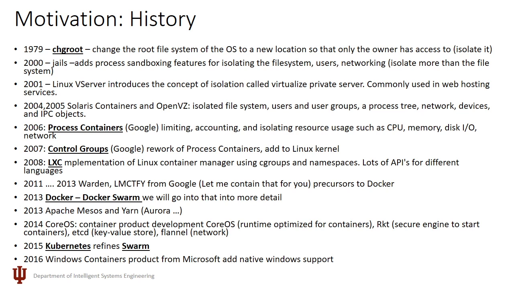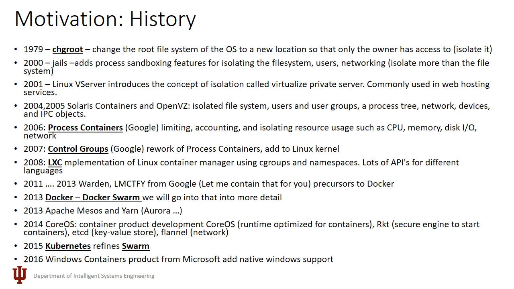Solaris containers and OpenVZ were introduced in 2004 and 2005, where isolated file systems were introduced, users and user groups, as well as a process tree, network devices, and IPC objects to do virtualization. And then in 2006, a group at Google defined something that's called process containers.